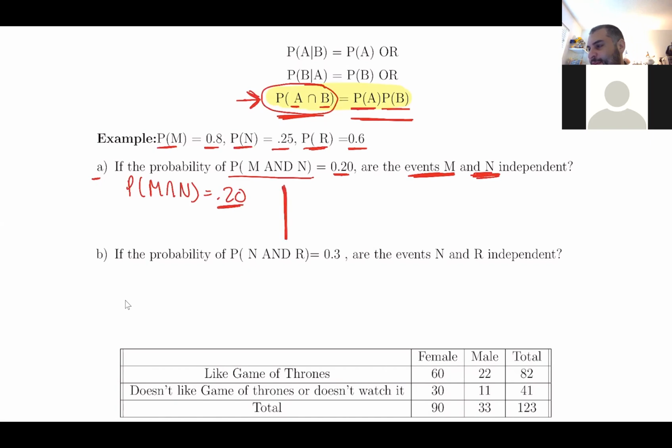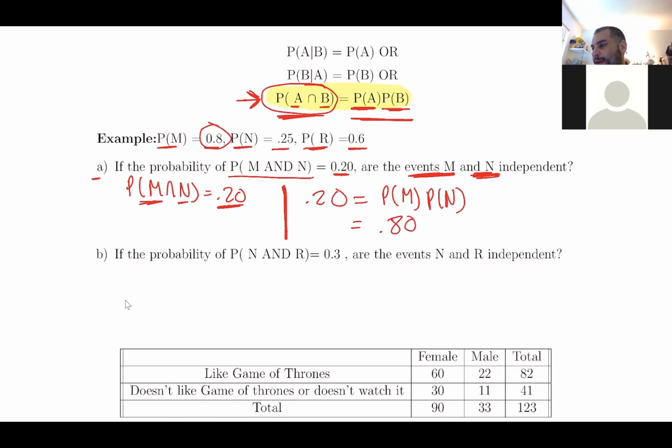Let me put a little vertical line right here as a separation. I'll put 0.20. Now we want to get the probability of M and multiply by the probability of N. They told us probability of M is equal to 0.8, so we'll put 0.8 here.